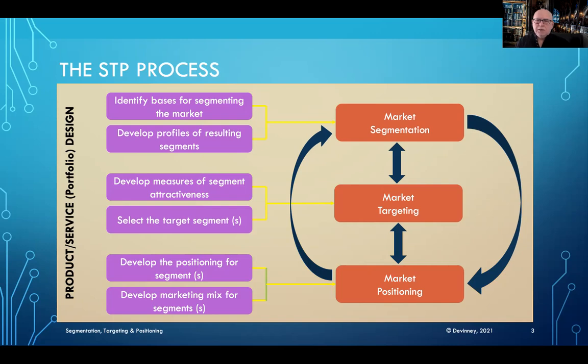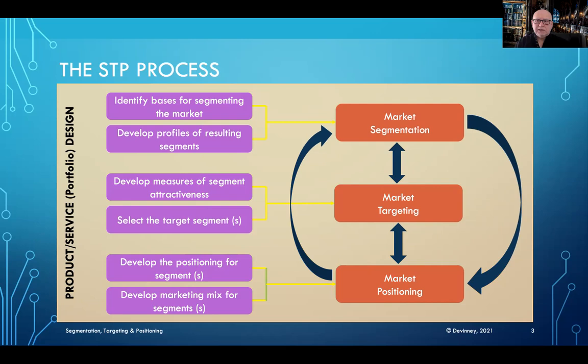And so the positioning, for example, can affect the segmentation, particularly if it's in a kind of high knowledge uncertainty type of market. So what you do is you create the evolution of the segments that are there by the nature of the product design that you have, and similarly the targeting. The targeting will evolve over time.